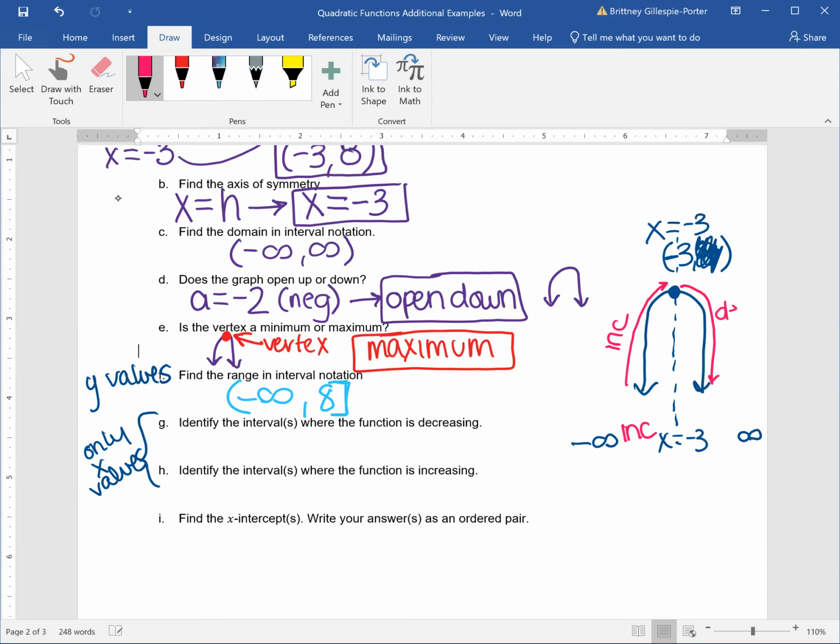When it's going down, that means it's decreasing. Because I did these little numbers, I know that I am increasing from negative infinity to negative 3. So I can answer part H. And then I know I am decreasing from negative 3 to infinity.